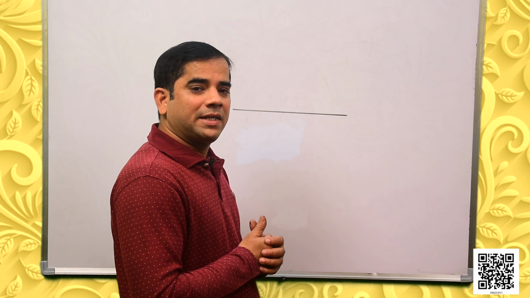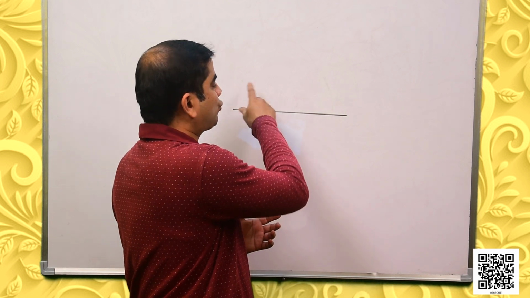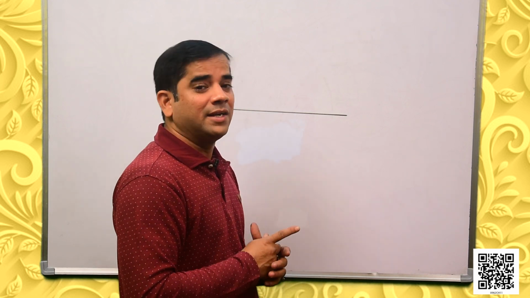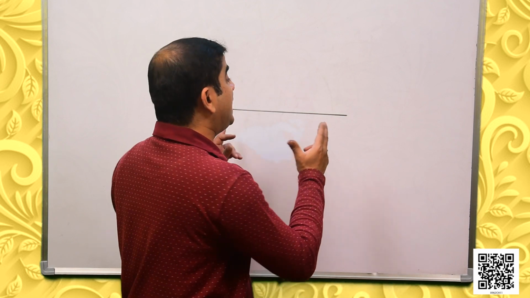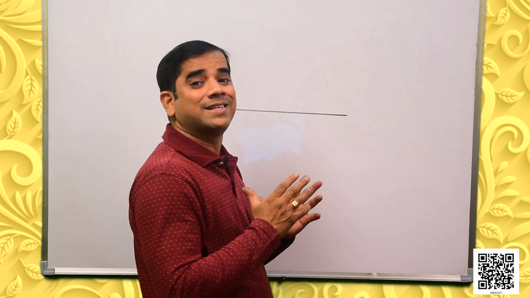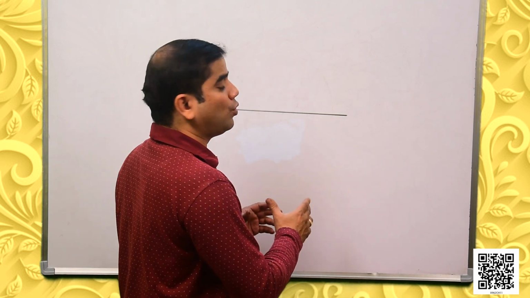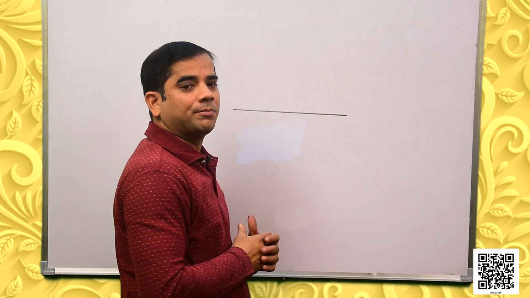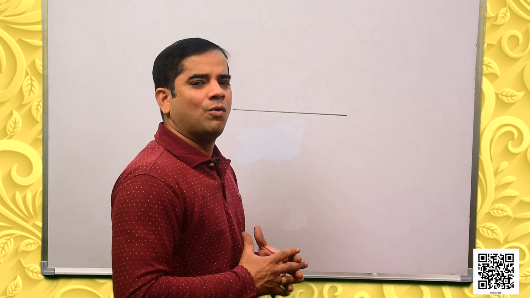Another thing to remember is that when we have two base angles as 60 degree and 60 degree, the third angle has to be 60 degree. So we need not bother about the side here. We just need to construct 60 degree at both the endpoints of the line segment, and let us see what is going to happen. Okay.